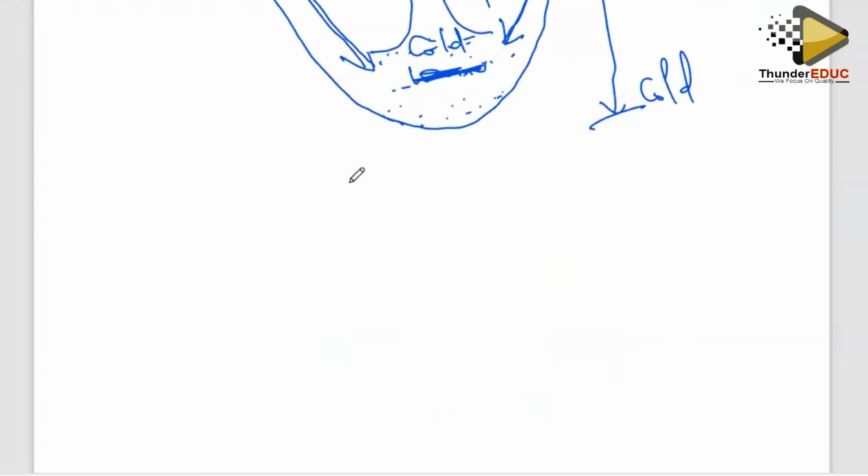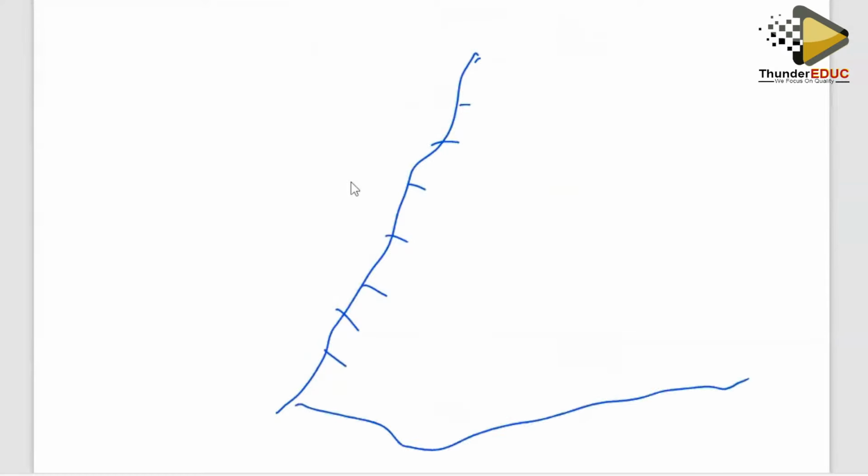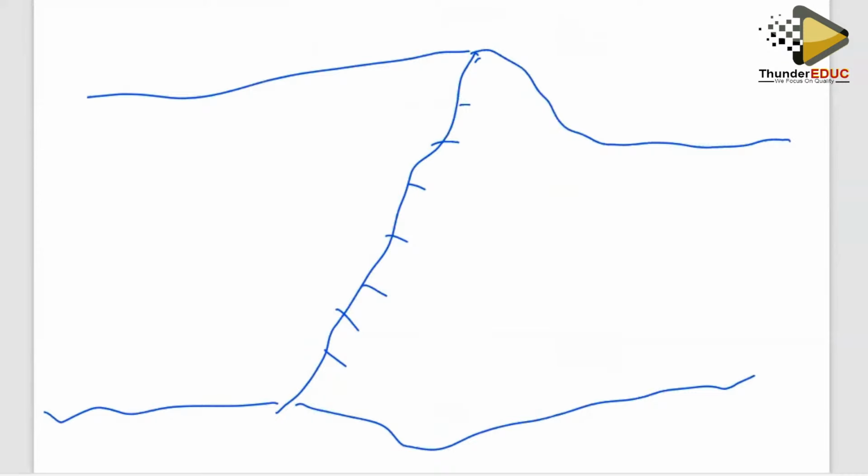When you are looking at the river capture process, let's assume you have two rivers. This is our watershed, this is our low-lying area, and this is our high-lying area. We are saying our areas are like this. This area is low-lying, and this is our watershed.